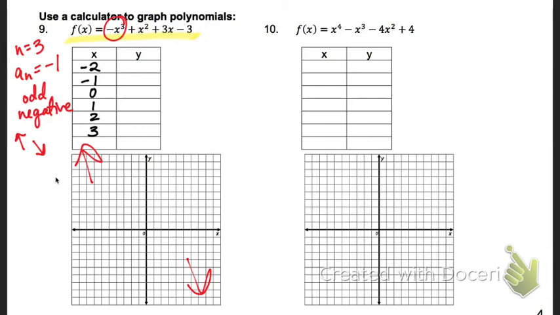So once you have it graphed, if you just type in -2, enter, it's going to give you the y value for that. So I'm going to go ahead and write the y values that you should get. If you don't want to graph it in your calculator, then you can always plug them in. So you can plug in -2 into the function and then get a y value algebraically.